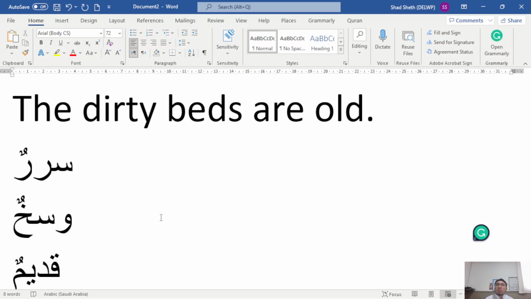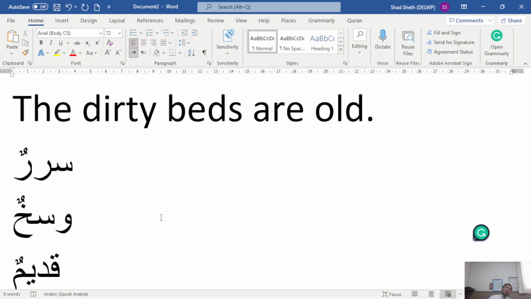Okay, those are the vocab. Let's do it. How do you do the dirty beds? Remember all the rules that we have learned in the book for na'at.